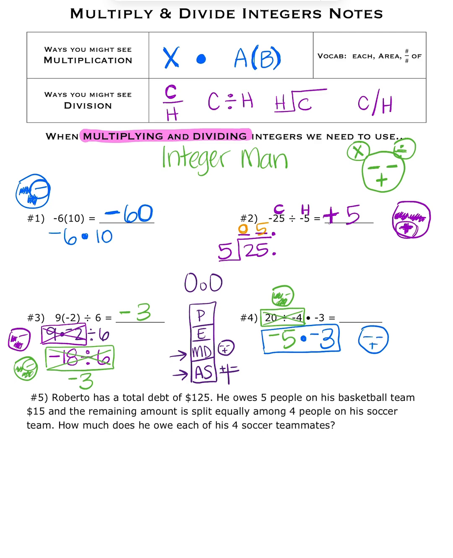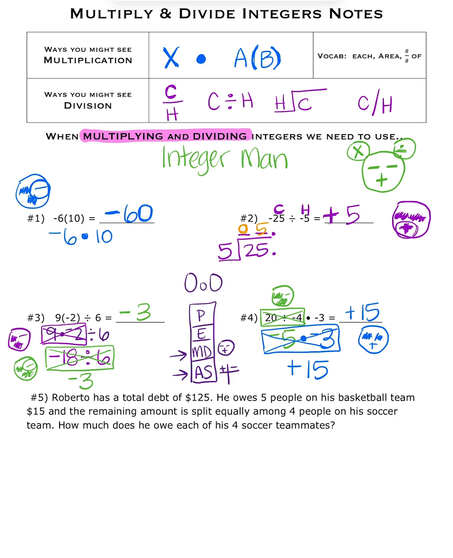And I'm gonna go ahead and say -5, -3. So my answer will be positive, and 5 times 3 is 15. I can cross that box out, and I don't have anything else to bring down, so positive 15 is my answer. All right, example number 5 is a word problem, but we're still gonna be multiplying and dividing.